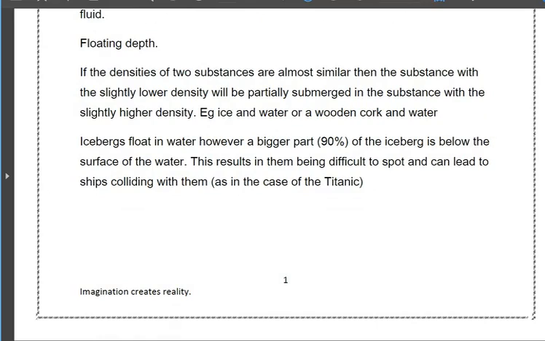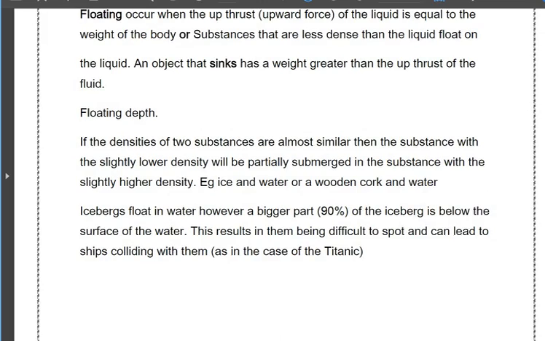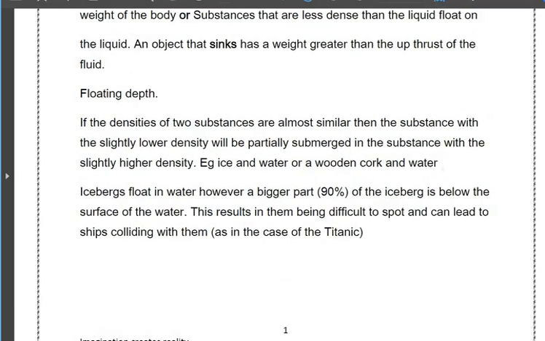If we place an object into the water, it is going to float depending on whether the forces pushing it up are greater than the forces pulling it down. The forces that push it up are referred to as upthrust forces, whereas the force that pushes it down is the weight of that particular object.